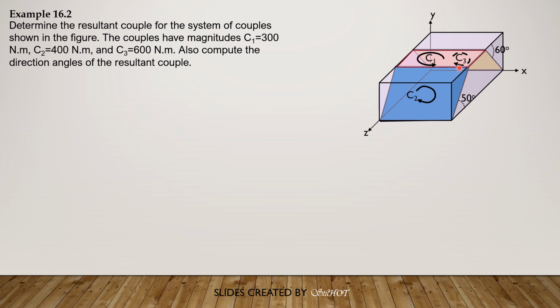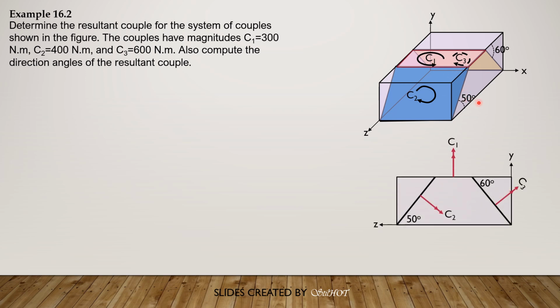We are given this pictorial view, with couple 1 on the top horizontal surface, couple 2 on the surface of this blue plane, and couple 3 on the rear. The sense is like that, but we are provided with another figure for us to see it clearly.